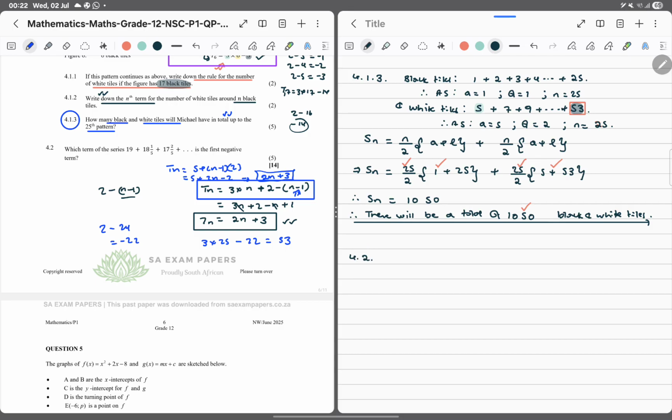4.2 says, which term of the series, okay, so we've got a series with 19 plus, now what I do here, I change this to an improper fraction. So we just take 5 and multiply it by 18, and it's 91, then we add that one on the numerator, so it's going to be 91 over 5. Plus, we then take 5 and multiply that by 17, it's 85.